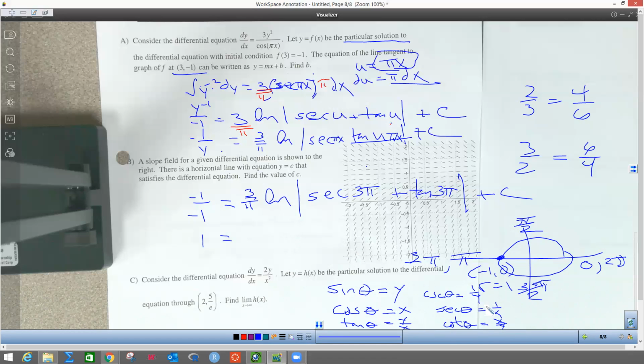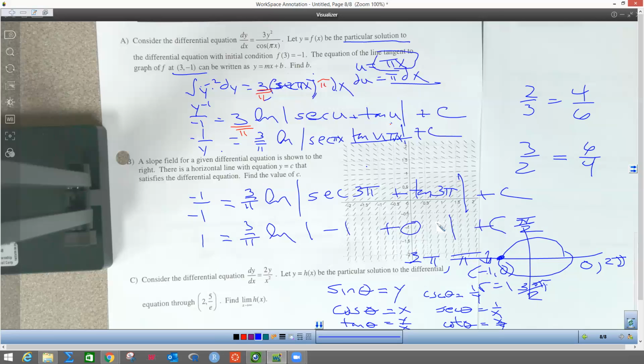All right, so secant is 1 over x. Well, the x value is at -1 right there, right? So 1 over -1 makes this thing -1. Oh my gosh, we got a problem, don't we? So we come down here and we do tangent. It is going to be y over x, which is 0. And we got a plus c out here. I guess we don't.